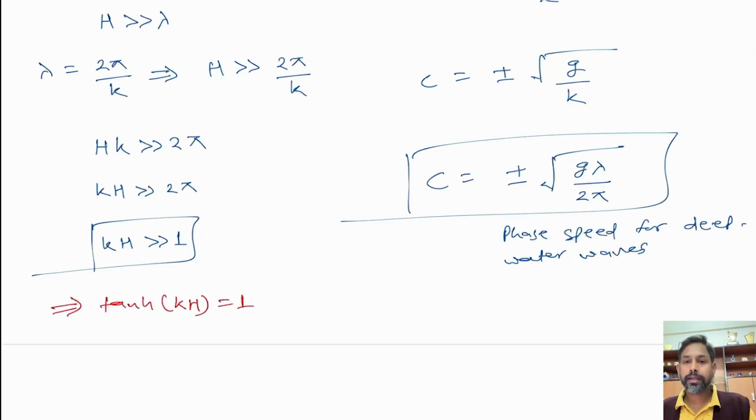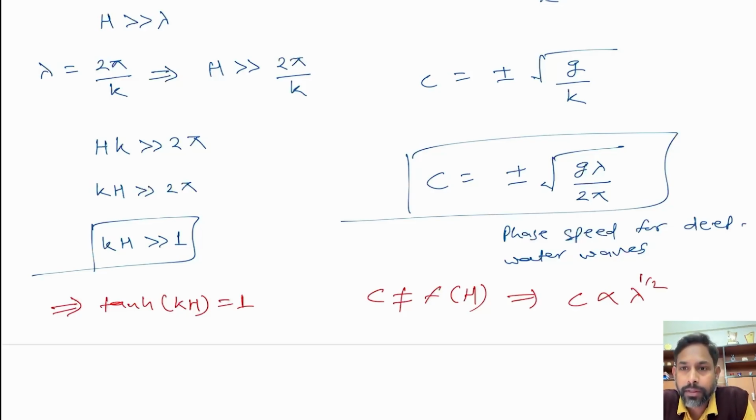And what we see here is that your phase speed does not depend on h, right? c is not a function of h, and also c is proportional to the square root of lambda, okay? So c does not depend on h, and that is because h is very large.